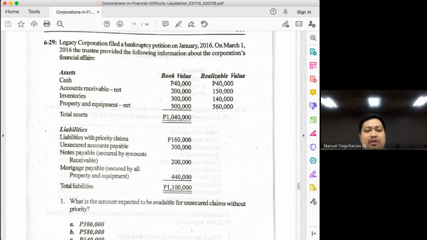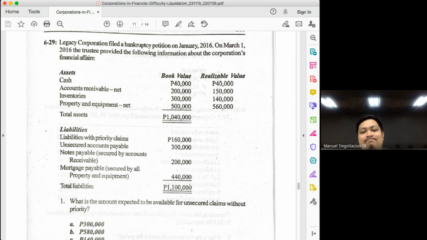The partially secured here is your notes payable in the amount of 200,000, and the security is only 150. So the unsecured portion is 50,000, which will participate in our other assets together with the accounts payable. So our denominator here would be 300 plus 50. That will give us 350,000.